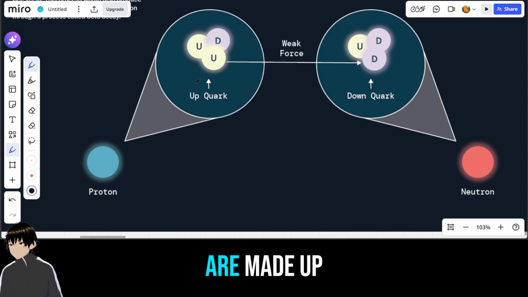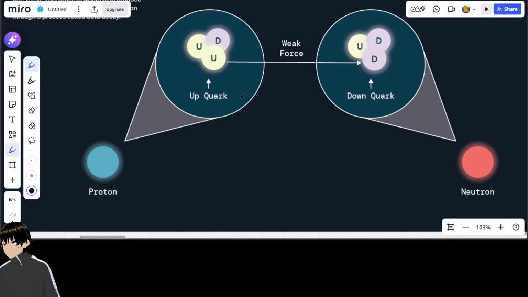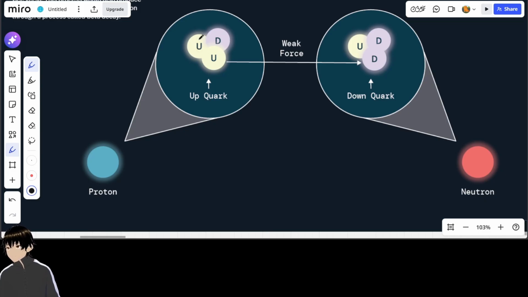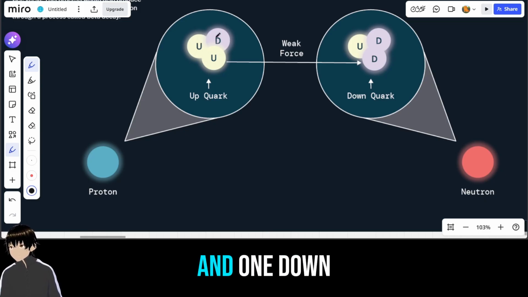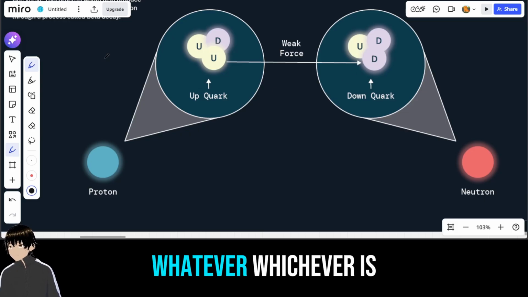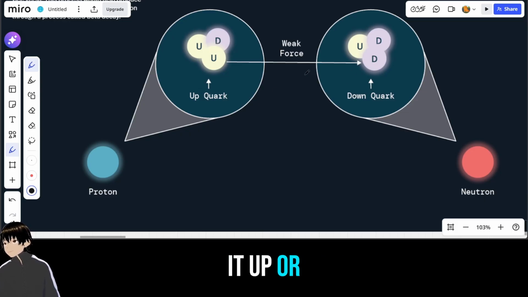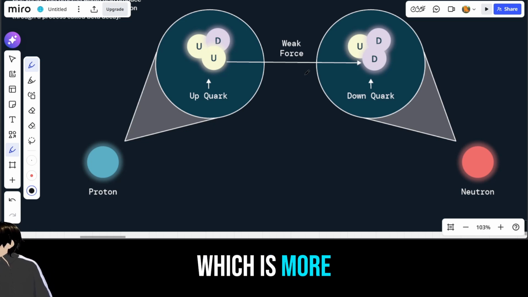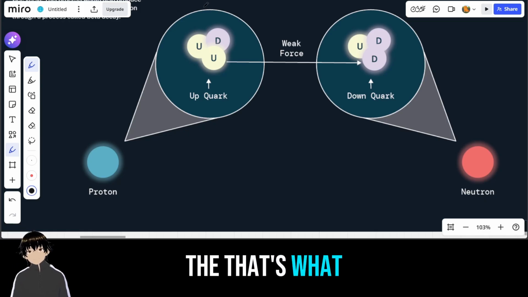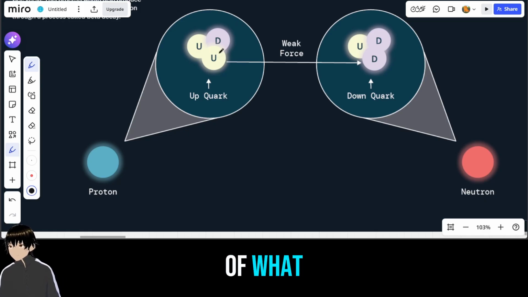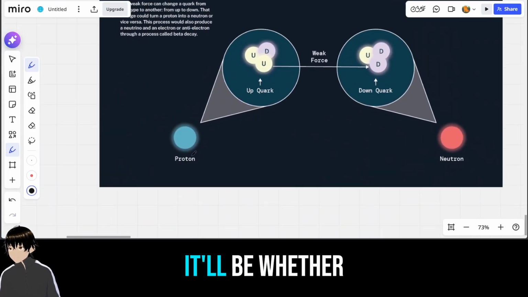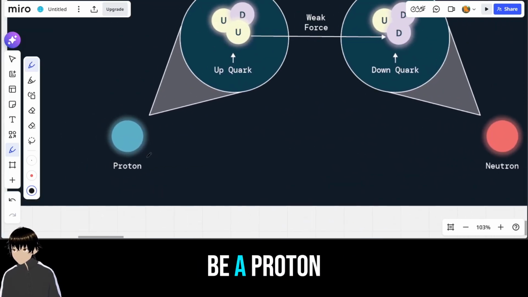So if we look at the illustrations here, we have a proton, and it basically implies that protons are made up of up quarks. We have 3 quarks here: two ups and 1 down. Whichever is more dominant, up or down, is the basis of what kind of atomic particle it will be, whether a proton or a neutron.